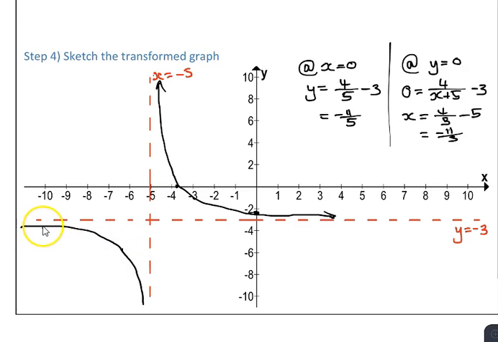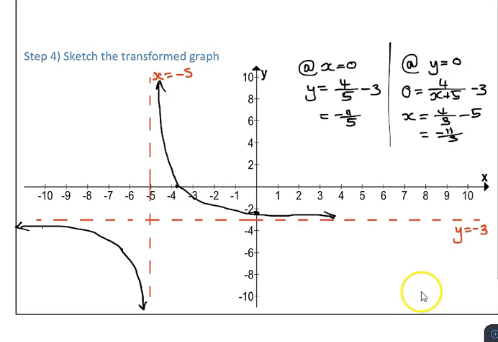I can do the same thing here, where I go across 5 units, so -10, and then down, I'm about 4/5 off this value here. So there's a small gap. Put some arrows onto it.